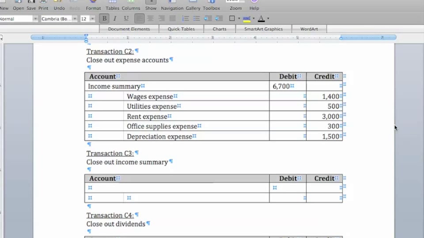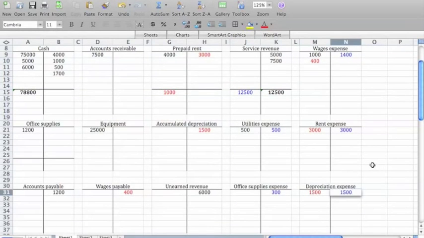Income summary is just a snapshot of our income statement. All of our revenues will be credits in income summary. All of our expenses will be debits. So if we've made money, i.e. generated positive net income, there should be a credit balance in income summary. And in our case, if you net these two together, you can take a look at what's ultimately an income summary.